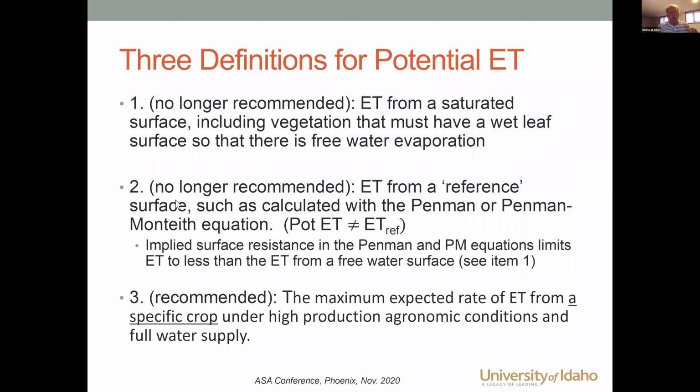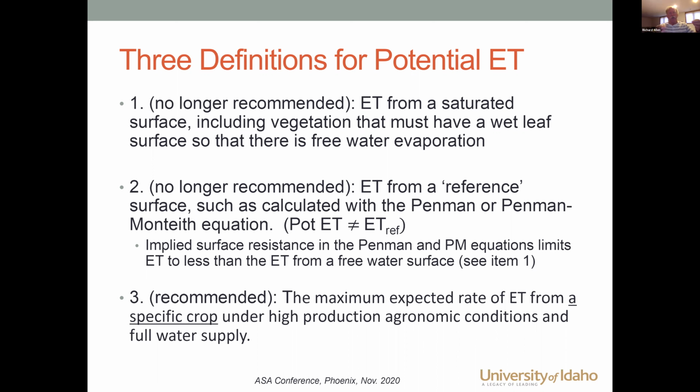Some of the past usages, potential ET has been used in 3 different ways. One, which is no longer recommended, was to describe ET from a saturated surface, like a wet leaf surface, which does tell us the very maximum amount of liquid to vapor conversion that can be established when there's a free water surface, so no surface resistance.